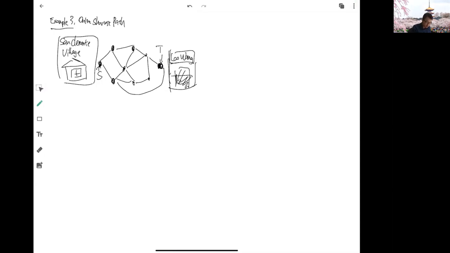Let's measure it by cost: cost 1, cost 2, cost 2, cost 3, and so on. So in total, you have a cost vector in R to the number of edges of this graph.